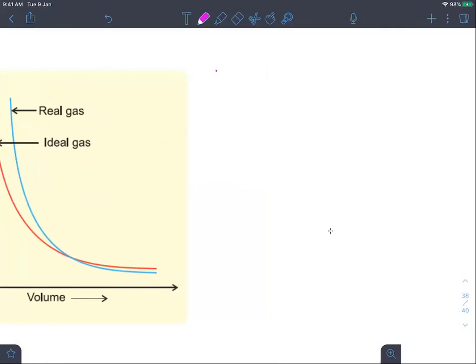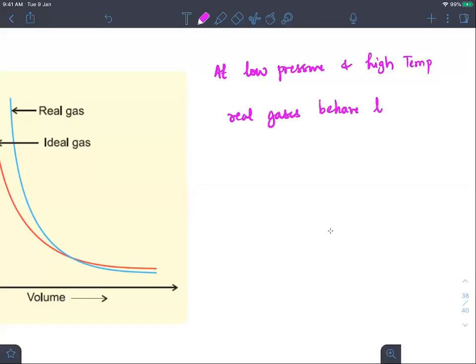So can I say that at low pressure and high temperature, real gases behave like ideal gases? Correct? Now check out high pressure and low temperature.